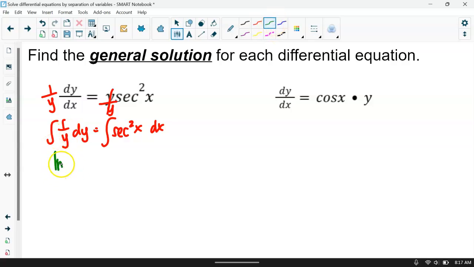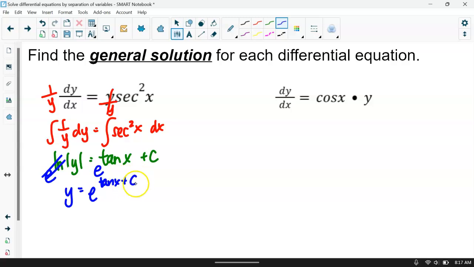So now here, natural log of y is equal to, the integral of secant squared is tangent x, plus c. So then here, the inverse, so e canceling out, and y is equal to e to the tangent x plus c, or y is equal to c times e to the tangent x.